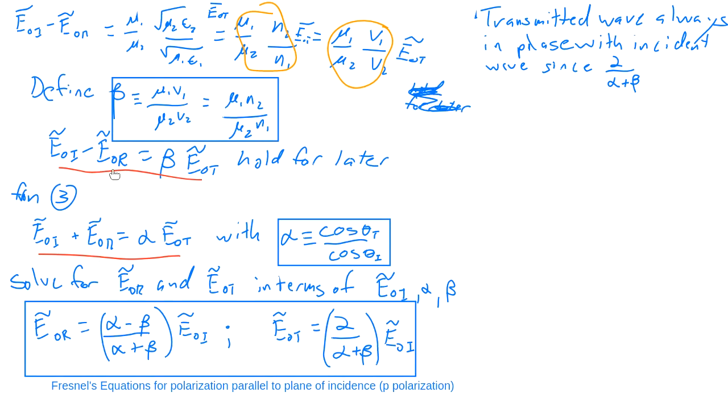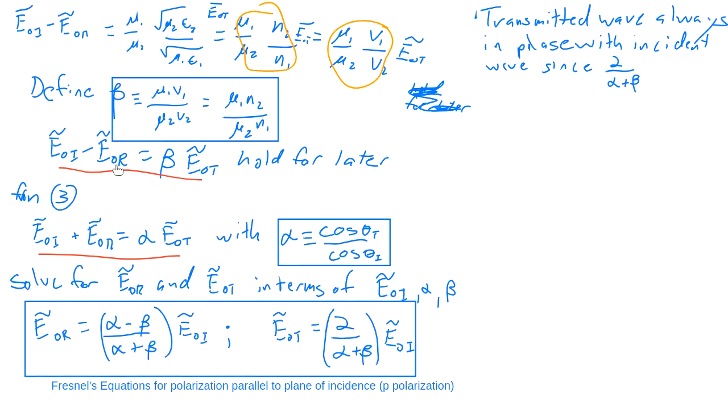Not a whole bunch, but like 3 or 4 or 5 lines of just moving things around to isolate E naught T. I could multiply the second equation or divide the first equation by beta, divide the second one by alpha, add the 2 together, then combine some common denominators, and that's what we would get right here.